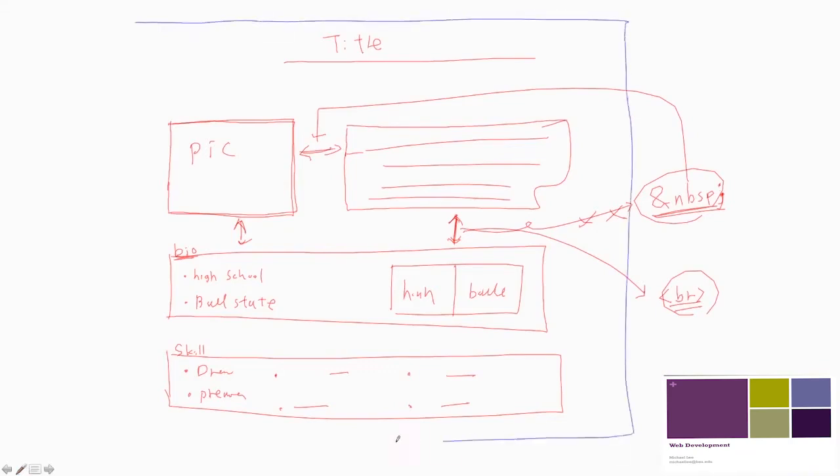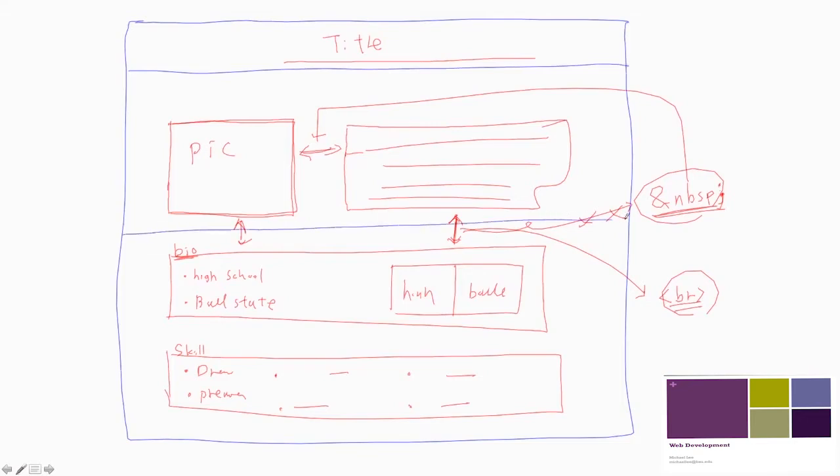They put the entire thing in a table, and they put the title in the first row, and the picture and then the bio in the second row. But in order to give it space in between, I'm going to create a blank third row that gives a space.